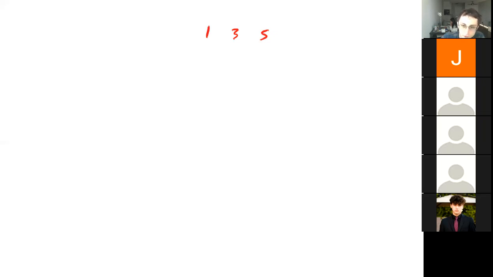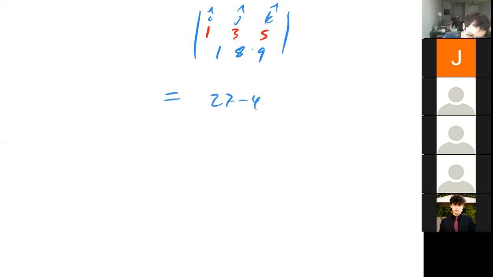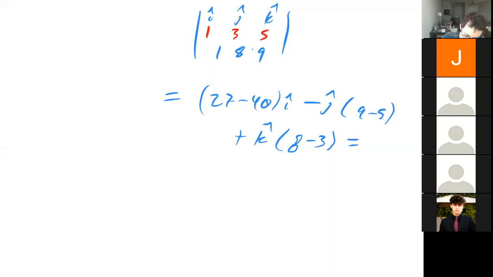Okay, so if we take 1, 3, 5, and what was the second one? 1, 8, 9, and we take the cross product, then we get 27 minus 40 i hat minus j hat times 9 minus 5 plus k hat times 8 minus 3. And that gives you minus 13 i hat minus 4 j hat plus 5 k hat.